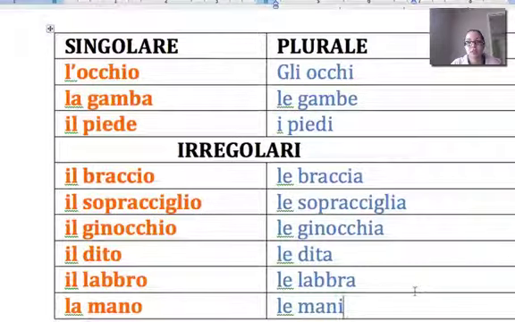Okay, so there's no explanation for this. It's just irregular, and just accept it that when you're saying arms, eyebrows, knees, fingers, lips, and hands, that it will be irregular.